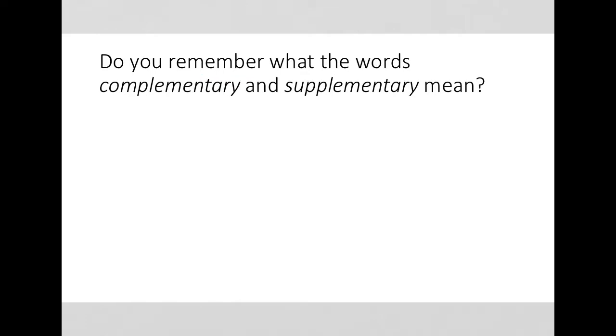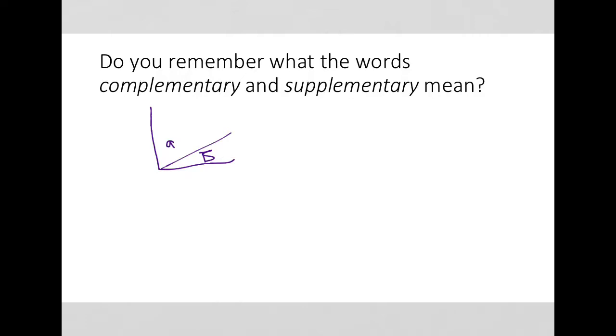Do you remember what complementary and supplementary mean? Well, complementary is referring to 2 angles that add up to 90 degrees. So if you have a right angle and you split it up into 2 angles, those 2 angles are complementary. Angle A and B are complementary. If you're talking about radians, then it's 2 angles that add up to pi over 2.